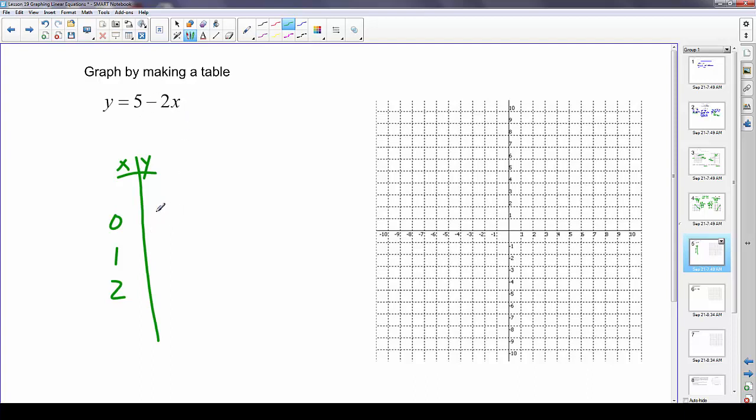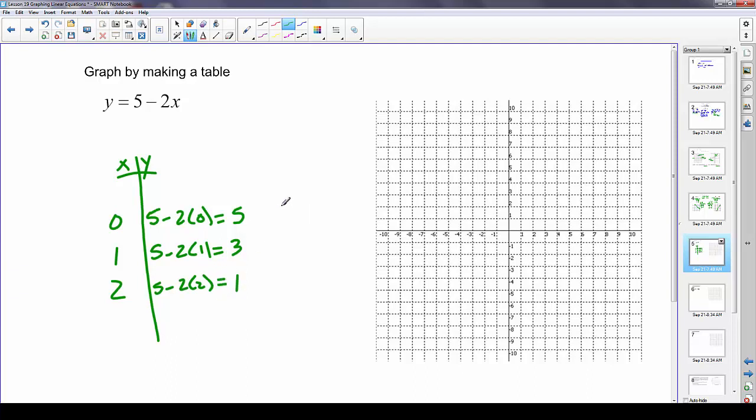So if I plug 0 in, I have 5 minus 2 times 0, which is equal to 5. If I plug 1 in, 5 minus 2 times 1, which is equal to 3. 5 minus 2 times 2, which is equal to 1.